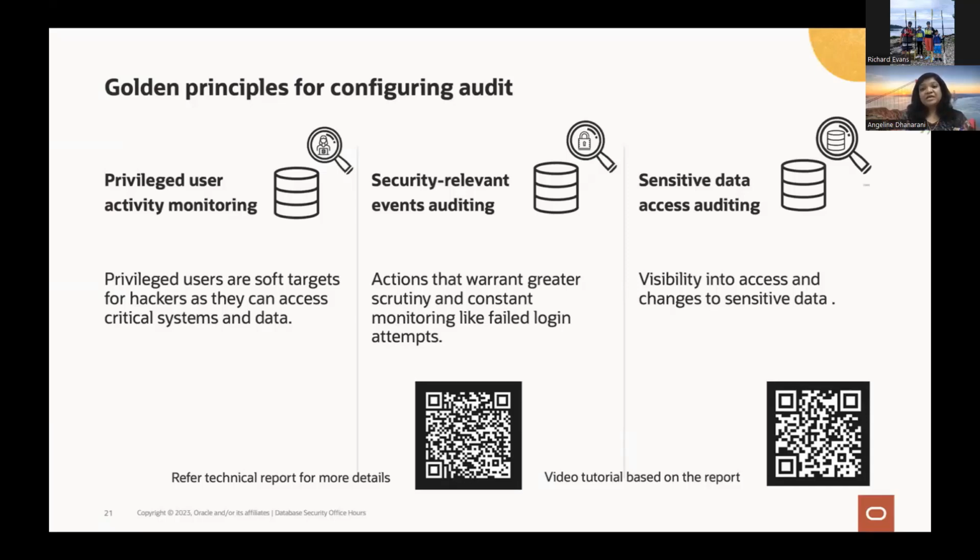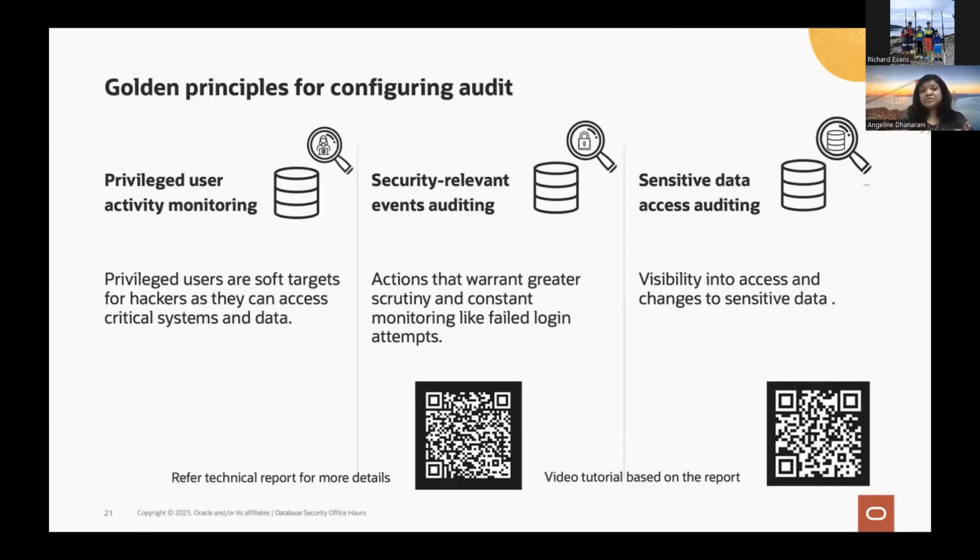I will briefly give an overview about these, but for more details, you can always refer to the technical report. You can go through the video tutorial for more details on what kind of audit samples are required, or what kind of configuration and provisioning you can leverage. All those are detailed within the technical report, but I'll give you a high level in this section.